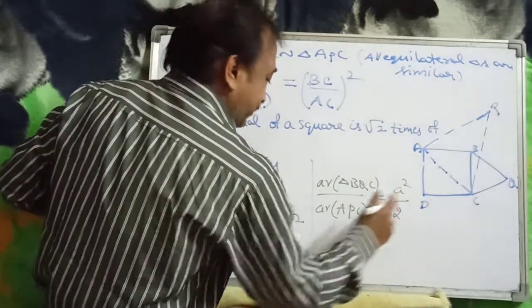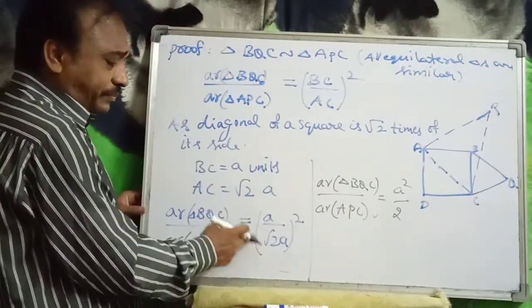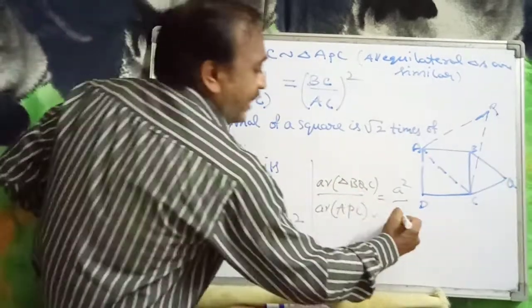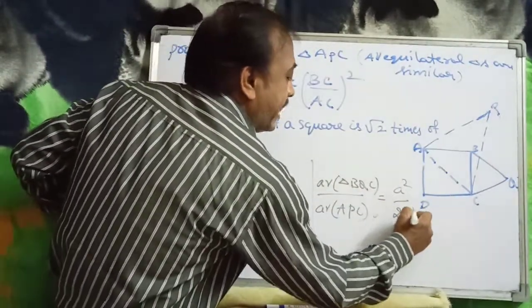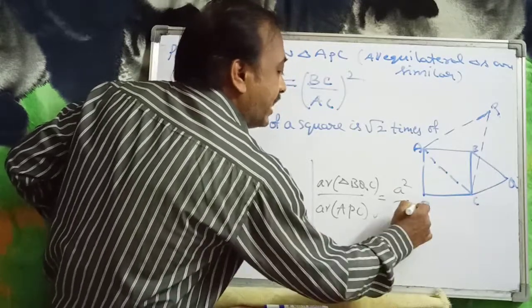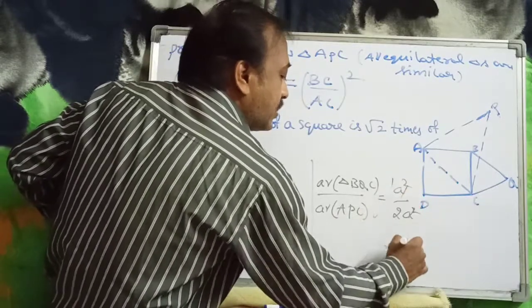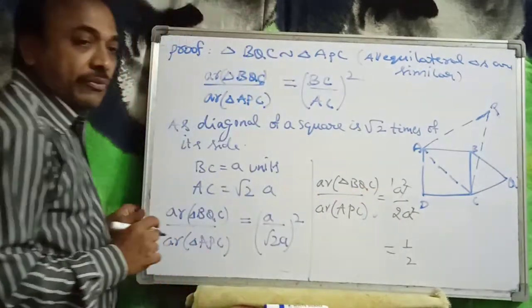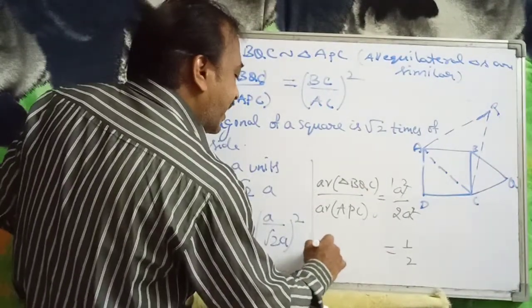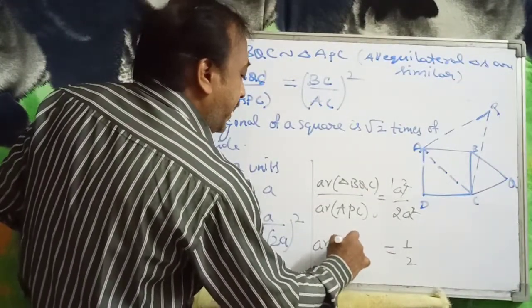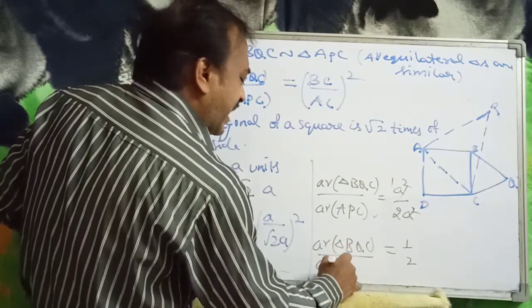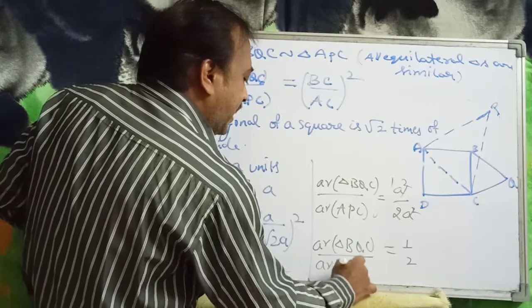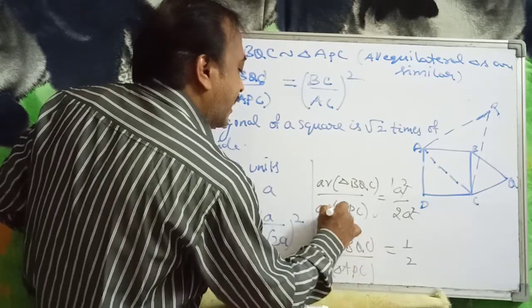You have A square by 2A square, and A square gets cancelled. So 1 by 2. Area of triangle BQC by area of triangle APC.